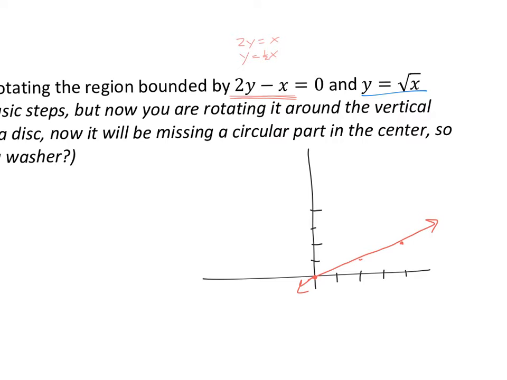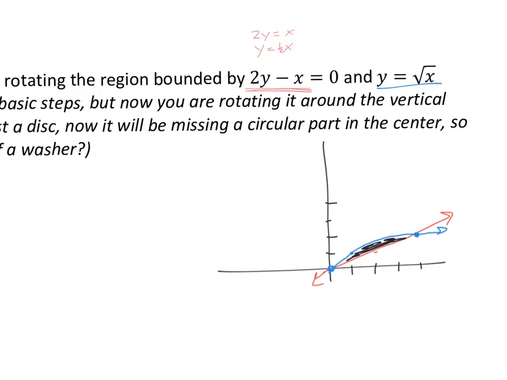It also starts at 0. Then it goes to 1, 1. And then at 4, it's at 2. So it looks something like this. Probably a little bit more curve to it, but we get the idea that we're looking at this little cross section here. That's the little area that we're going to find.